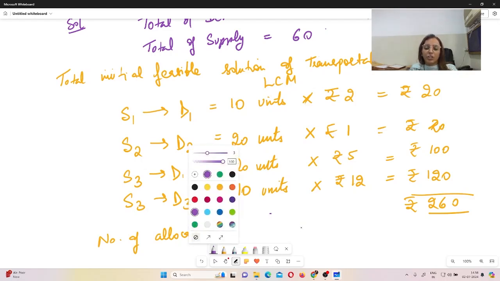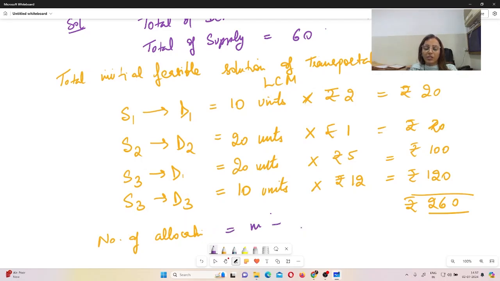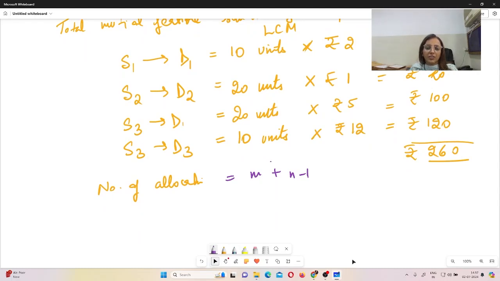So number of allocations is equal to m plus n minus 1, that is 3 plus 3 minus 1, that is 6 minus 1 will be 5, right? As we have given the allocation, 1, 2, 3, 4 allocations are there, but m plus n minus 1, that is 3 plus 3, 6, 6 minus 1, that is 5.